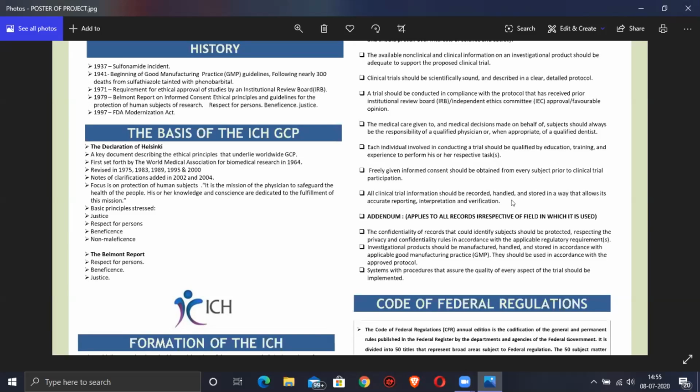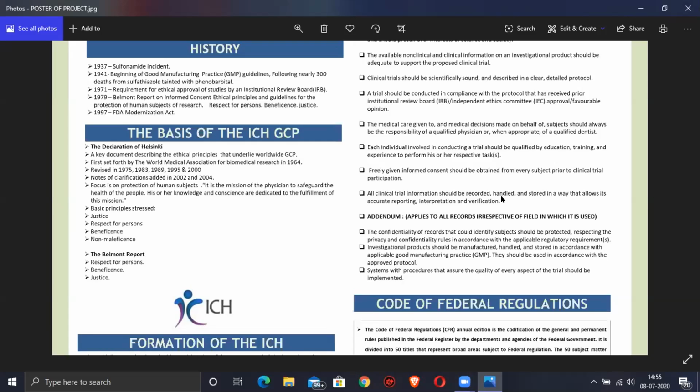Why have we specified the type of media used? Because you are all aware that we are now using software and electronic systems in clinical trials, in clinical research, pharmacovigilance and data management, everywhere. So by this point, they have specified that data handling should be done in a proper manner, so that in future, whenever required, we can audit or interpret the information, or understand how things were recorded when the trial was actually conducted.